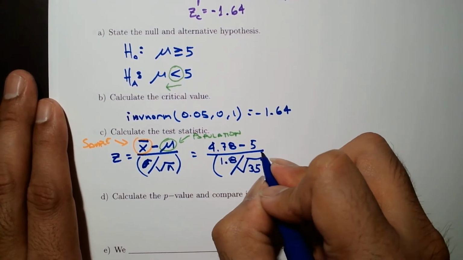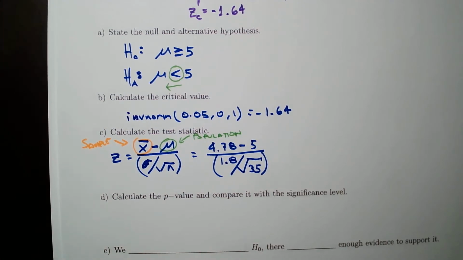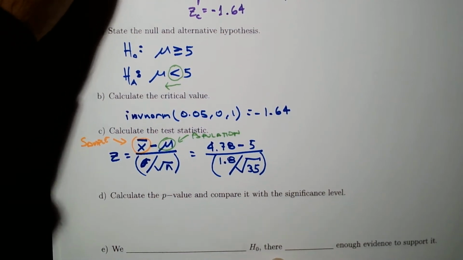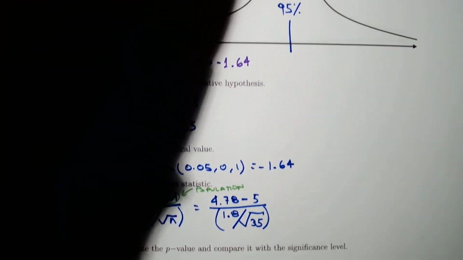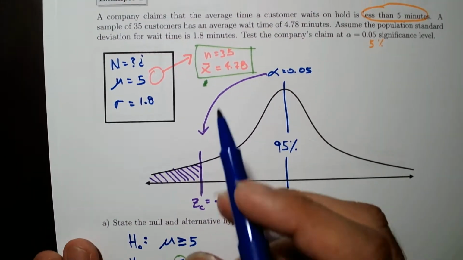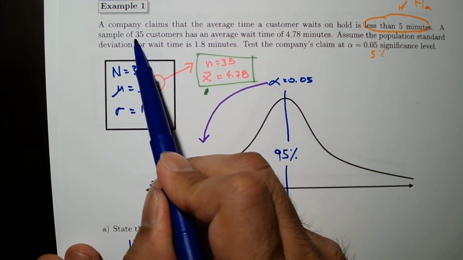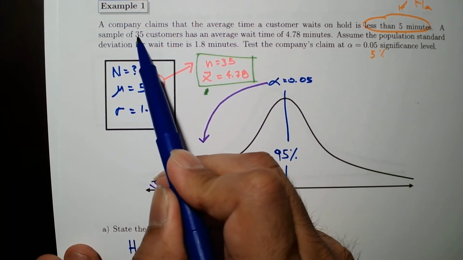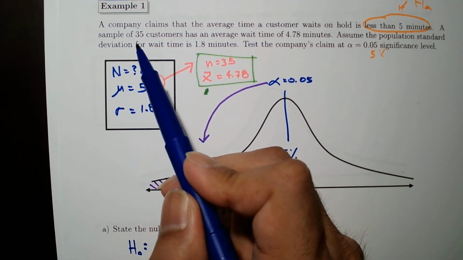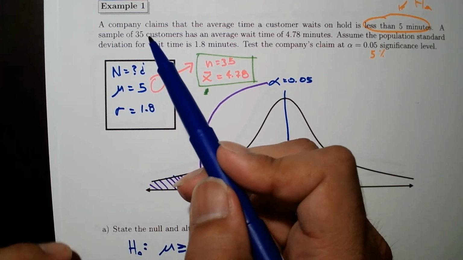In this case, notice I just started plugging in numbers without verifying that the conditions to perform this test are met. Let's check if they are. Number 1, the sample size is greater than 30, so that gives us the green light to perform the test.